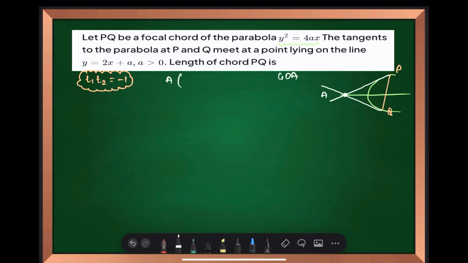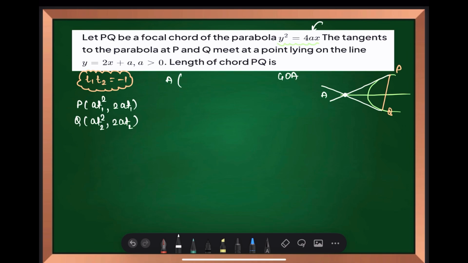So suppose you have point P as a t1 squared, 2a t1, and Q as a t2 squared, 2a t2. You know that they are two different points, so you cannot take the same parameter.